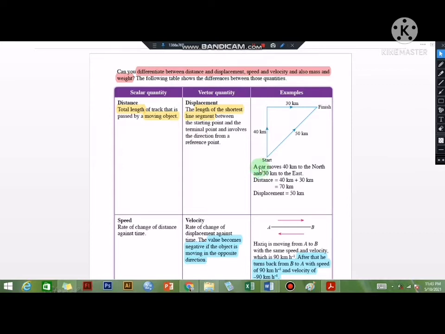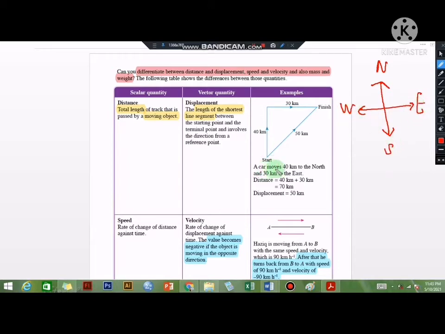This is the situation given to you. A car moved 40 kilometers to the north. Remember, this is north, west, south, east.